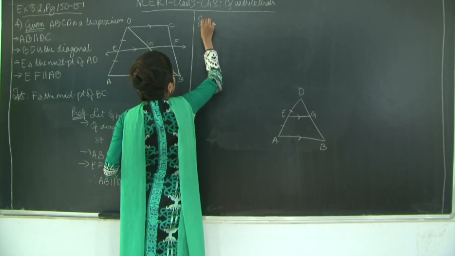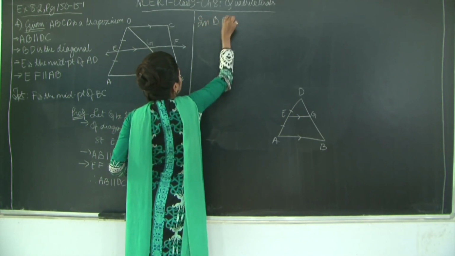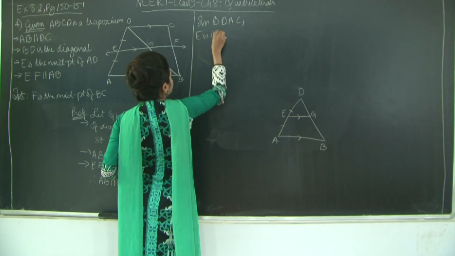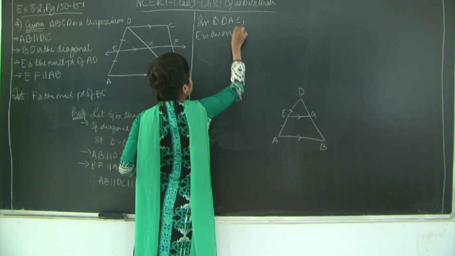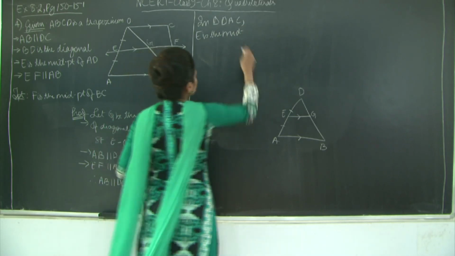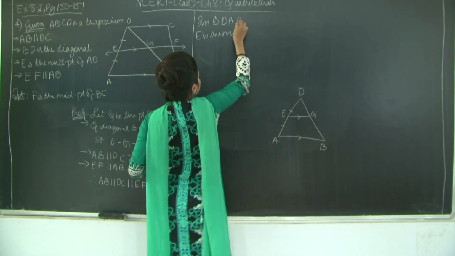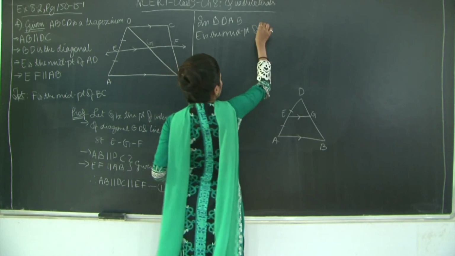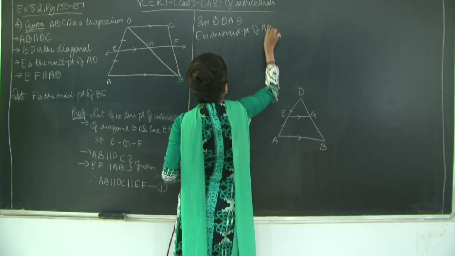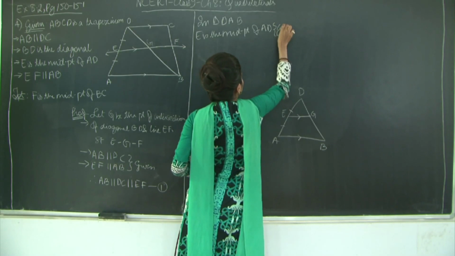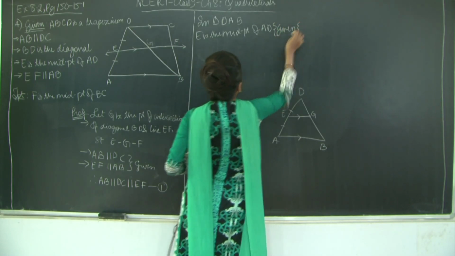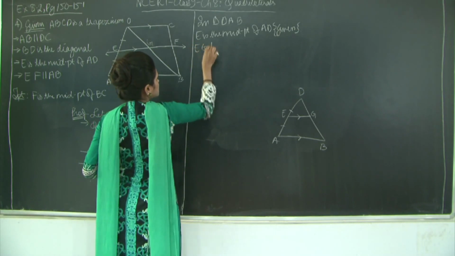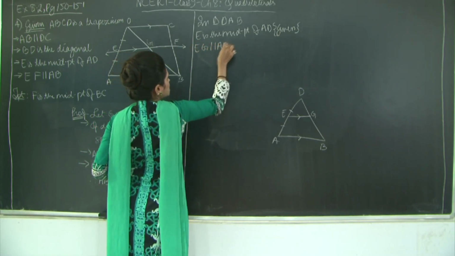So, I will say in triangle DAB, I have E is the midpoint of AD. This is given. Okay, and also I have EG is parallel to AB. So, why is EG parallel to AB?